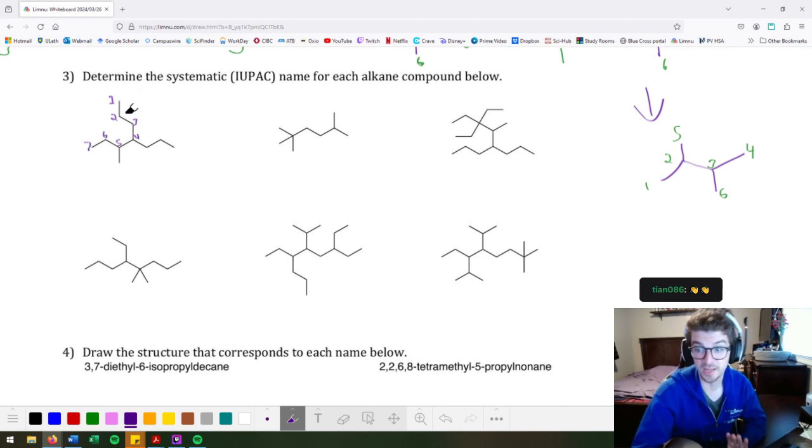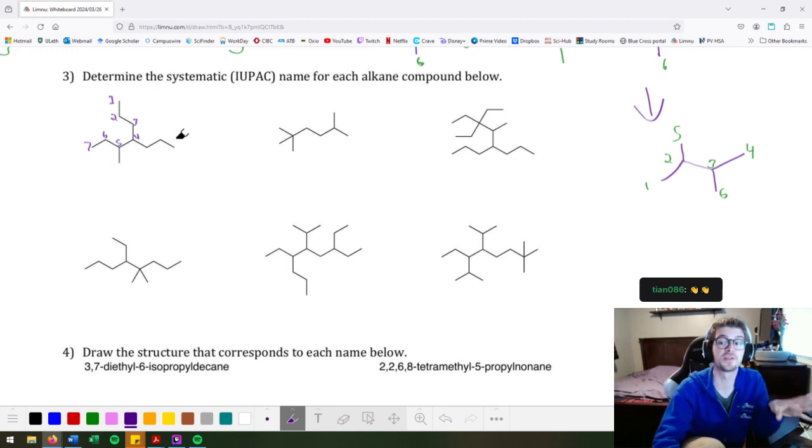If we count in this direction, calling this one carbon 1 and this one carbon 7, then the substituents will be located on carbon 4 and carbon 5.